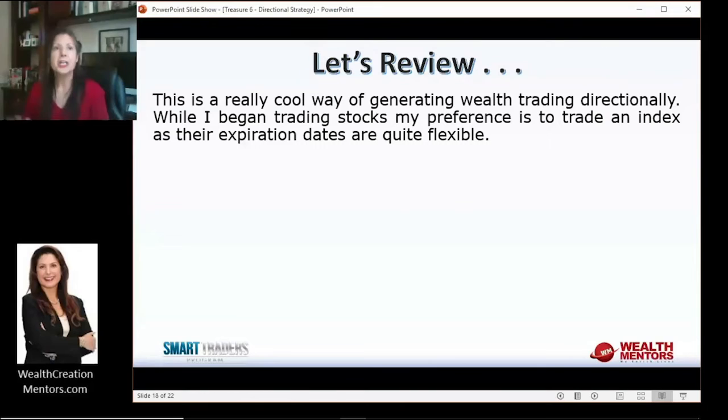Nothing has changed in all those years, except again, the calculations and the fact that we have a lot more flexibility in the options. Now, while I did begin with stocks, my preference really is to use index. And I think that when you get used to doing index and indices, you will initially enjoy it. And then later on, maybe you'll want to add stocks because you saw what happened.